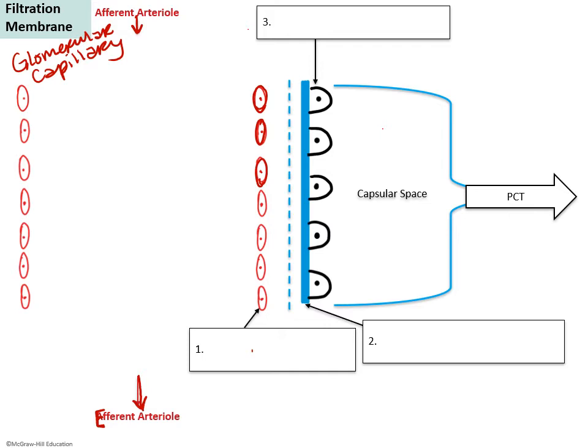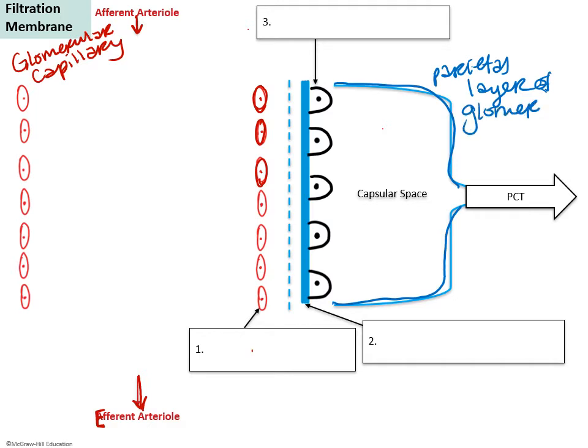Then looking at this weird blue thing over here, what this whole thing is supposed to represent is the parietal layer of the glomerular capsule. And then we see here, I'll just go ahead and fill this in right now.